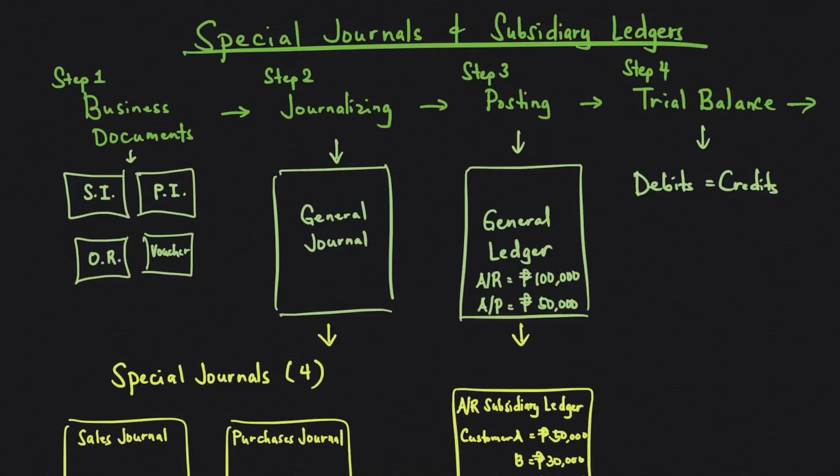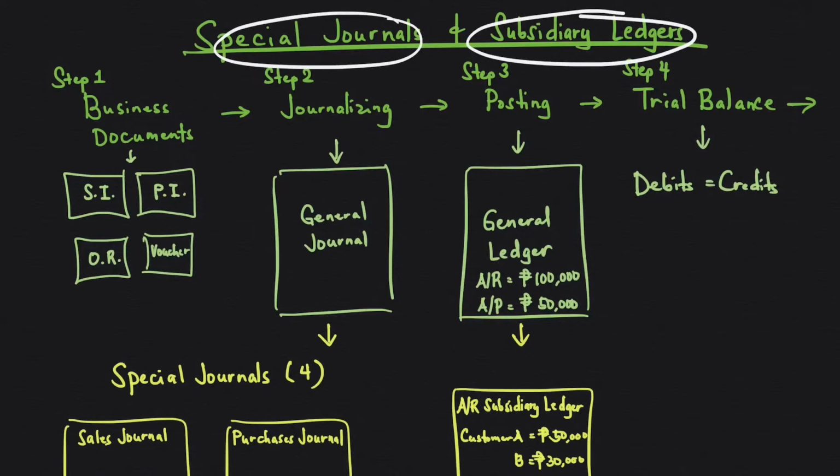In this video, I'm going to do an introductory discussion on special journals and subsidiary ledgers. First, recall your accounting cycle, which starts from the business documents, where we will see the evidences that transactions really happen.